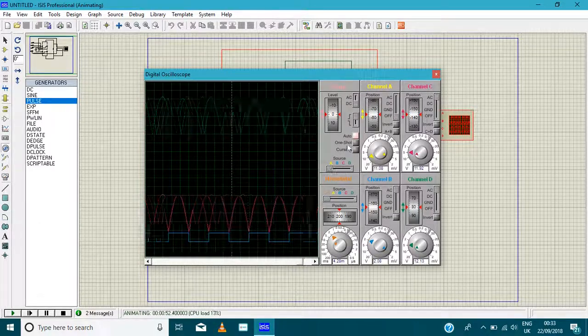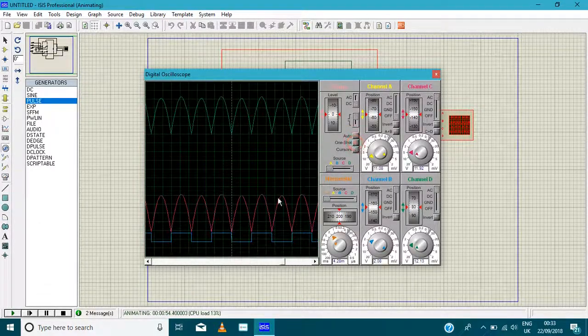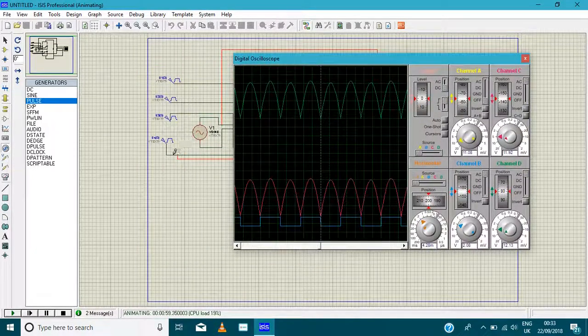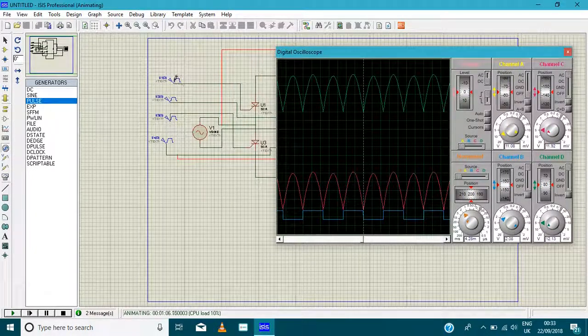So when this is high, it is showing output. When this is low, it is not showing. As here we have only connected this one, that is why it is showing only its pulse, but there are 4 pulse generators, so 1, 2, 3 and 4. For one this is showing this, for another one this is showing this, for the third one this is showing this, and for the fourth one this is showing this.